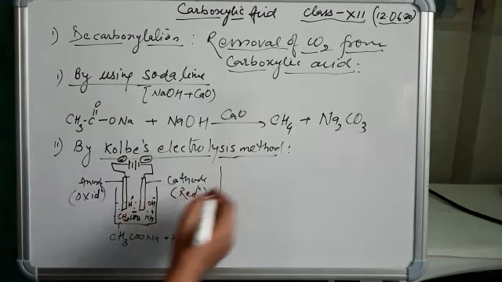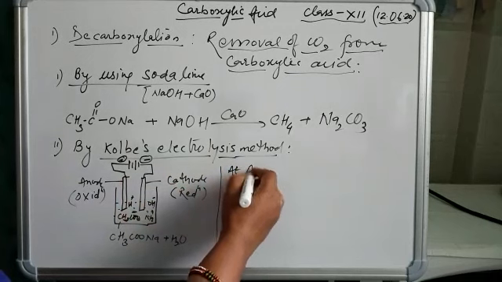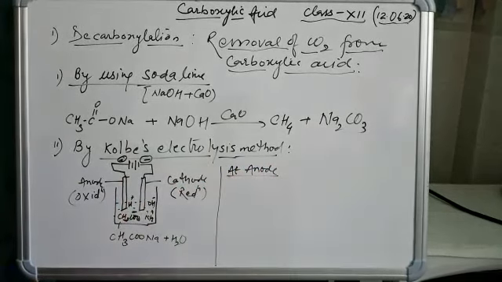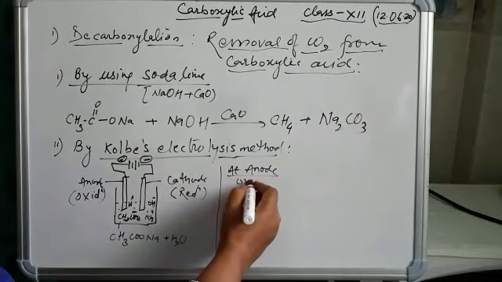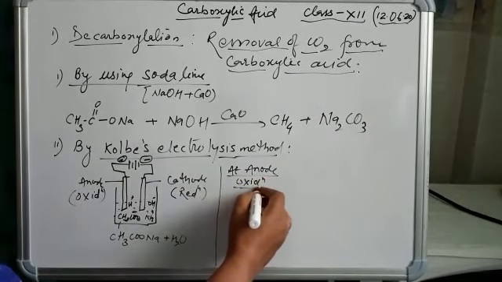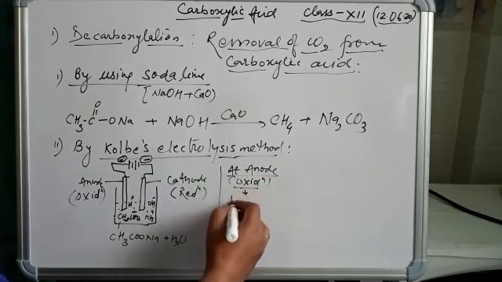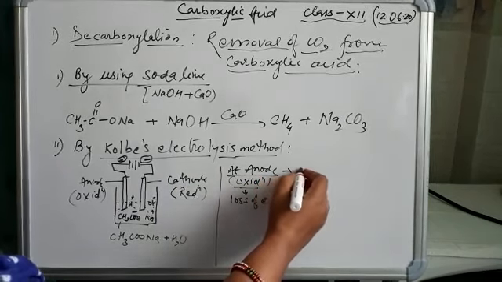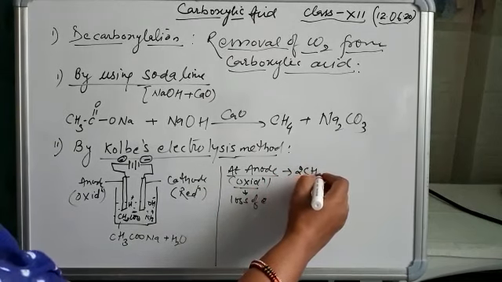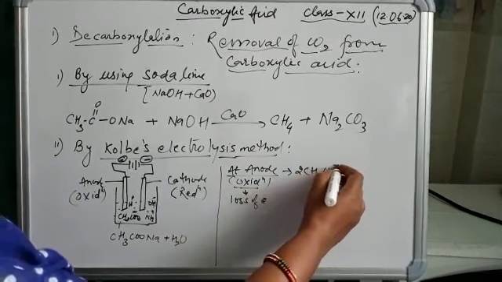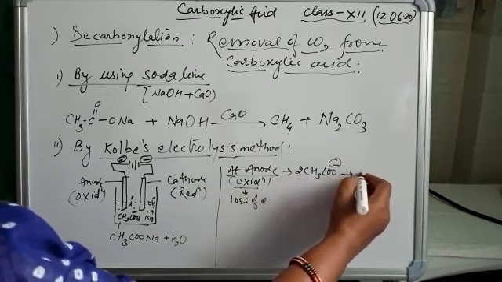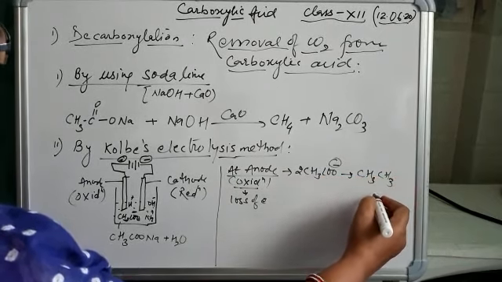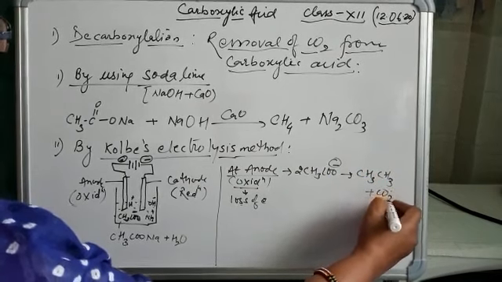See here, at the anode, where the oxidation takes place, oxidation means loss of electron. So here the acetate ion loses the electron and there is formation of ethane and carbon dioxide.